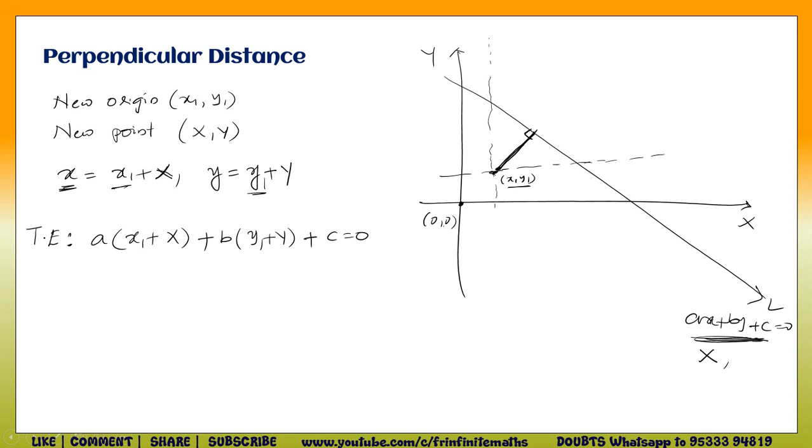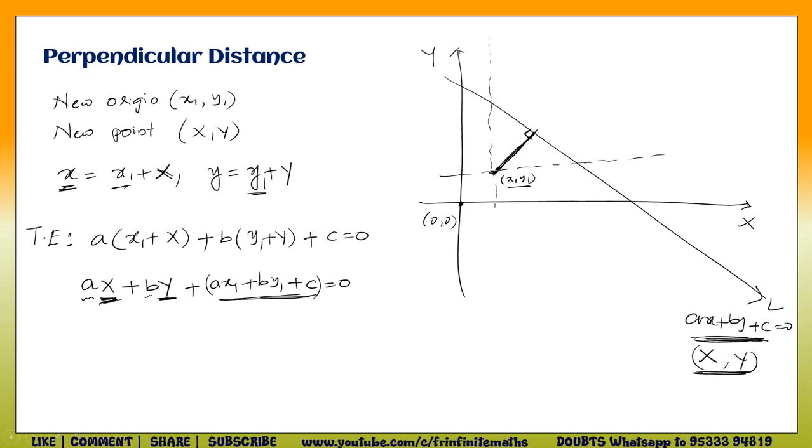That means you get this equation in terms of capital X and capital Y. You can write it as a into capital X plus b into capital Y plus a times of small x1 plus b times of small y1 plus c is equal to 0. Now this is my translated equation. In this translated equation, the new axes are capital X and capital Y. That means the capital X coefficient is small a, the capital Y coefficient is small b, and this is my constant term.